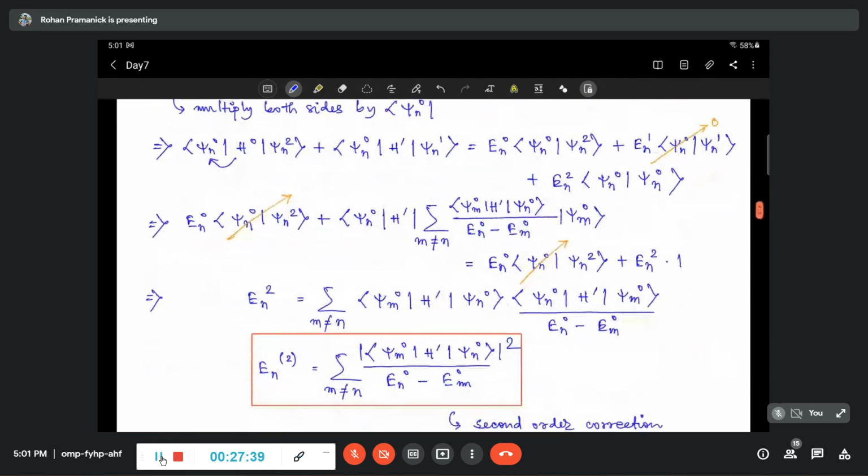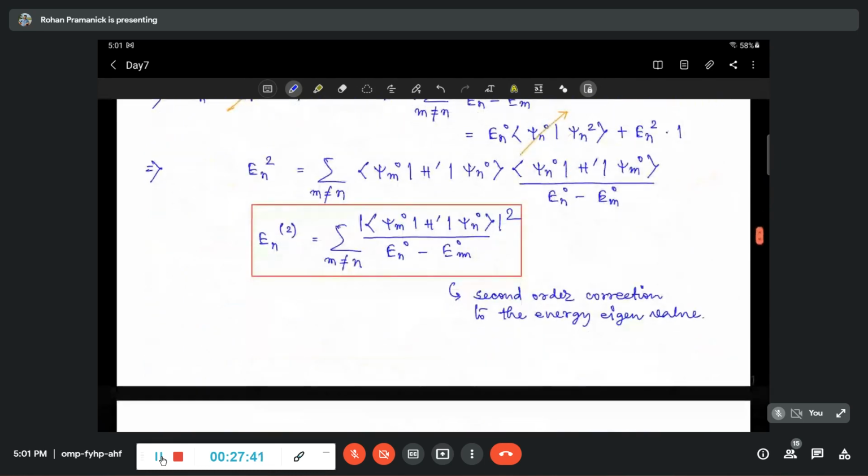There is not much exercise here, but the important thing is that the first order correction to the energy eigenvalue has a proper analytical form. By analytical form, I mean you do one integration and you find the correction up to first order. But this is not the case here.